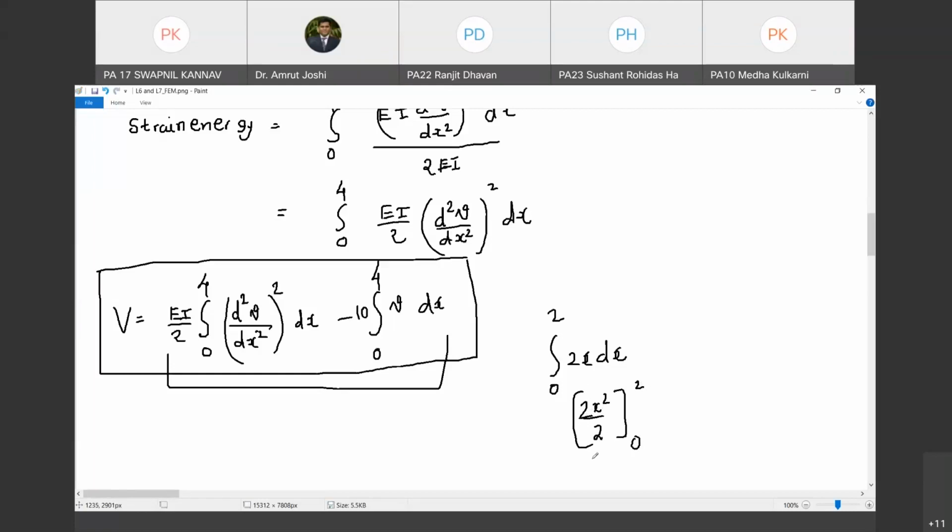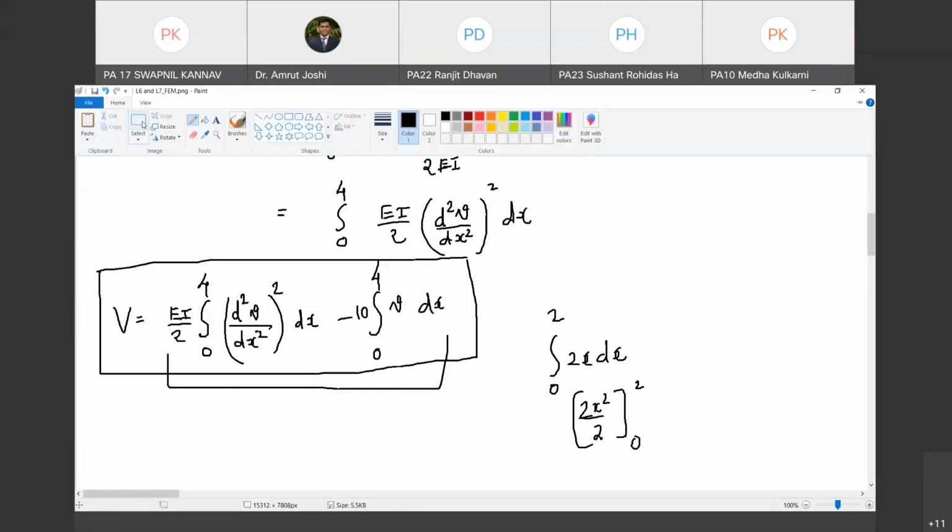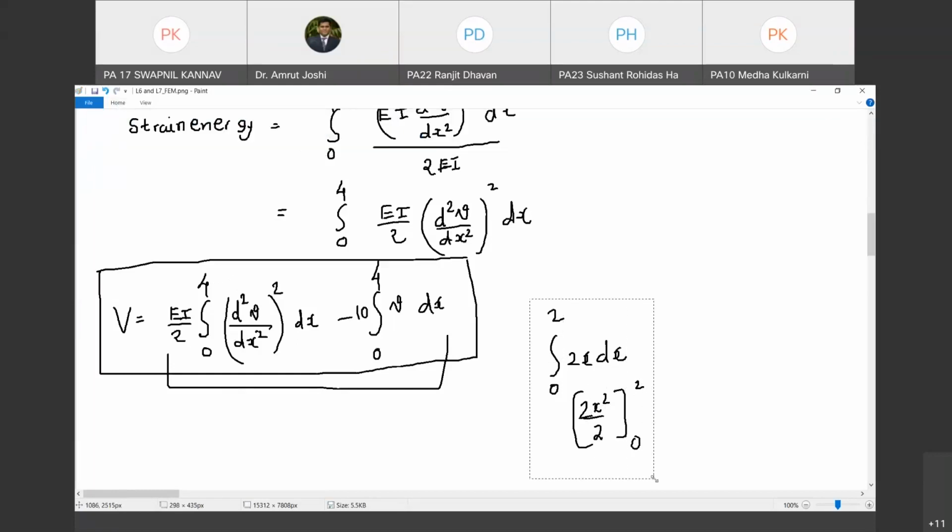So therefore, the question that I ask you is, is it going to remain a function of x once you do the integration? No, sir. So therefore, when you have a definite integral here, right away, I cannot say that V is a function of something. Do you agree with me?